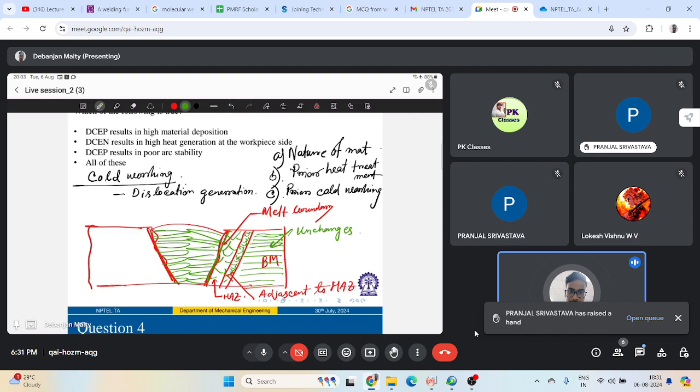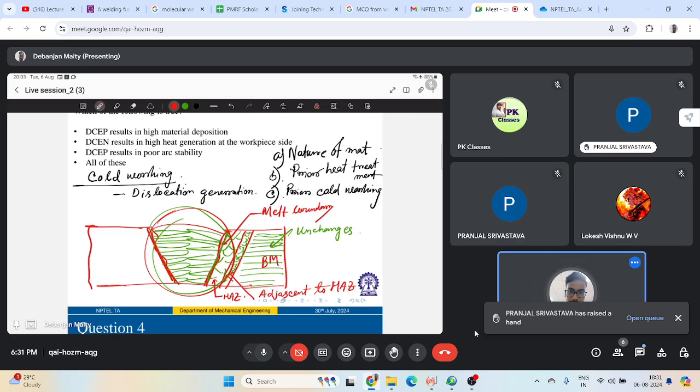So I was talking about during fusion, there will be some random grain growth which will take place within that melt boundary, and that will in turn also result in a low strength over here. Now within the heat affected region, the grains become coarse.